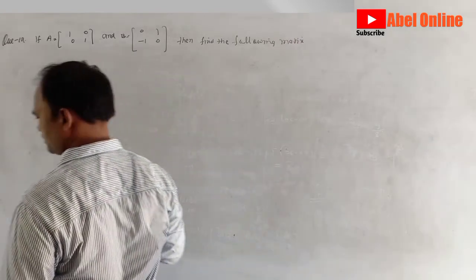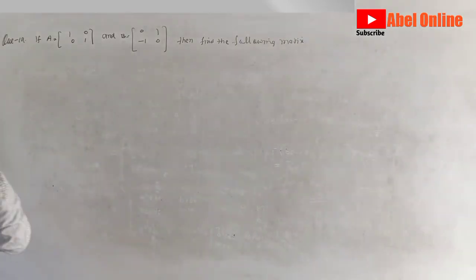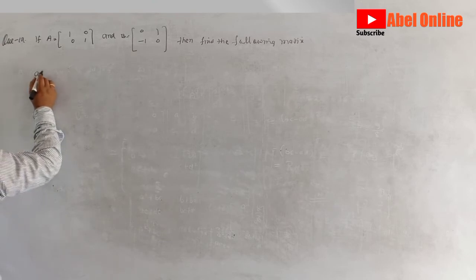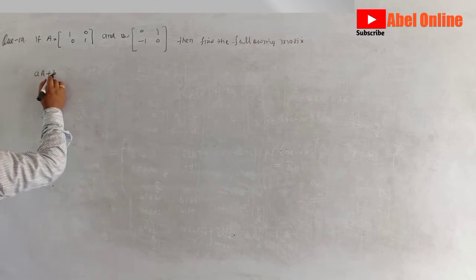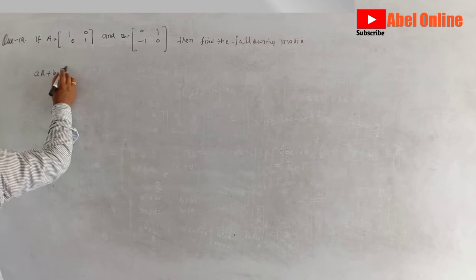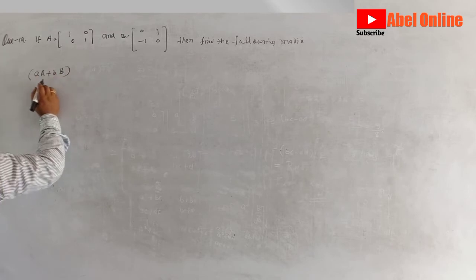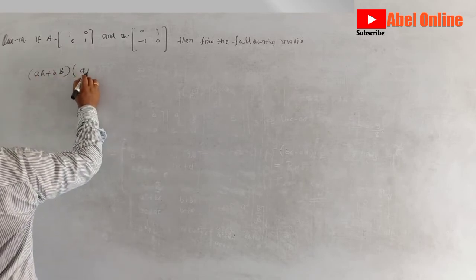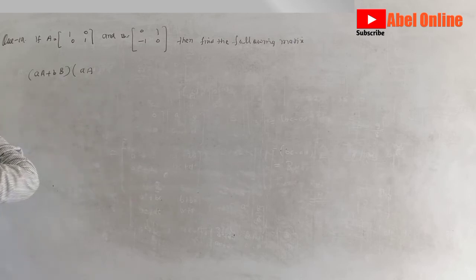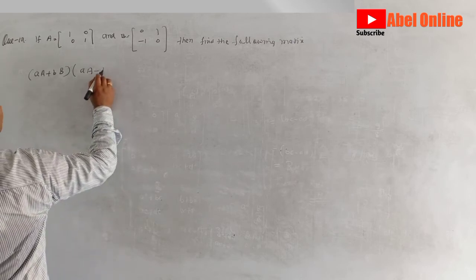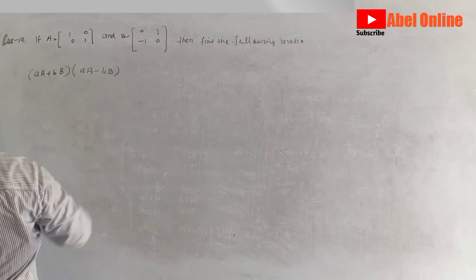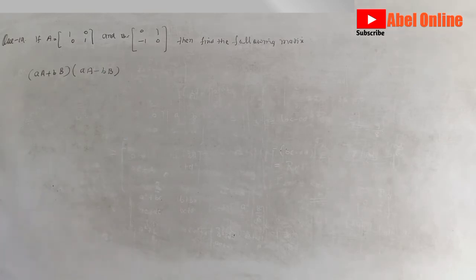The following matrix is (A plus B) multiplied by (A minus B), that is, A plus B and A minus B.